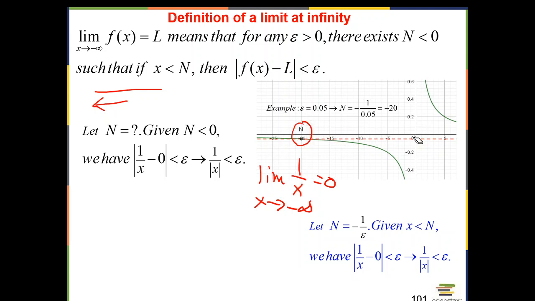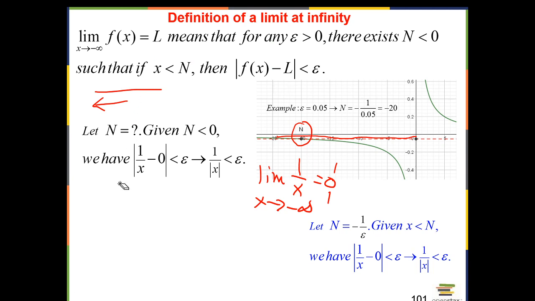So for every epsilon you come up with around 0, let's say you want to be within 0.05 of 0, so if your epsilon is 0.05, I have to be able to find a big negative number such that if I go to the left of it, even further to infinity, the function values will stay within epsilon of 0, inside this little interval here. That's the idea.